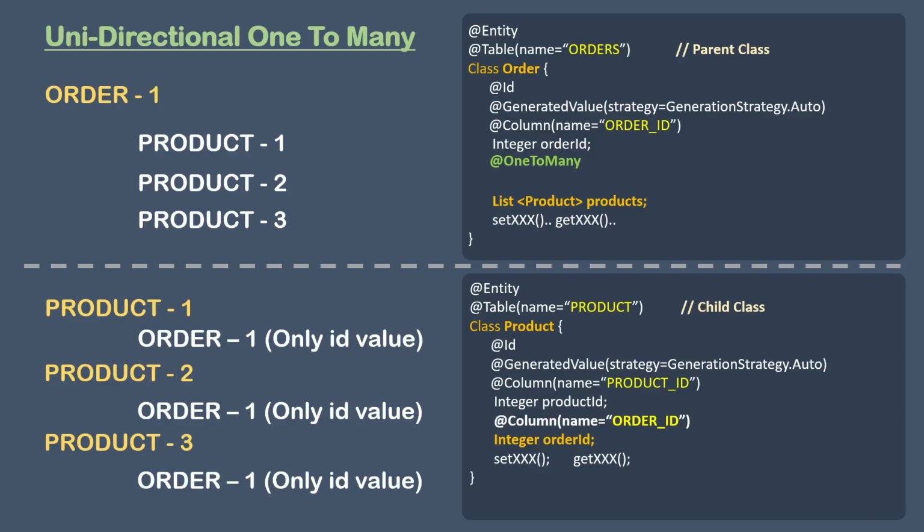So the product class will not hold any order object. Instead, it will only hold the order ID. And if you observe, there is no @JoinColumn annotation, even though this product class contains a foreign key relation. Rather, this join column will be added to the parent class. That is the only difference.